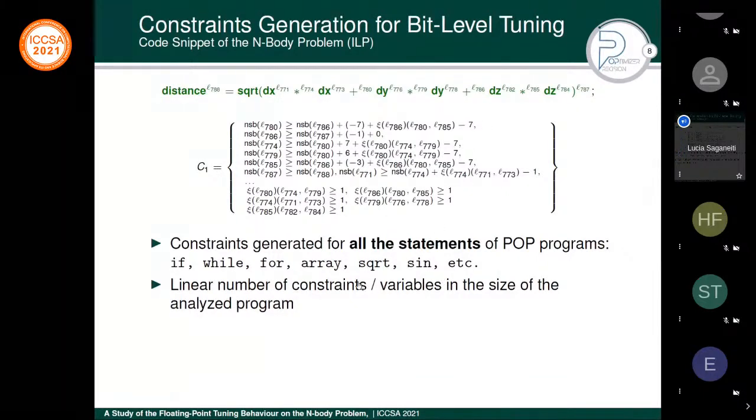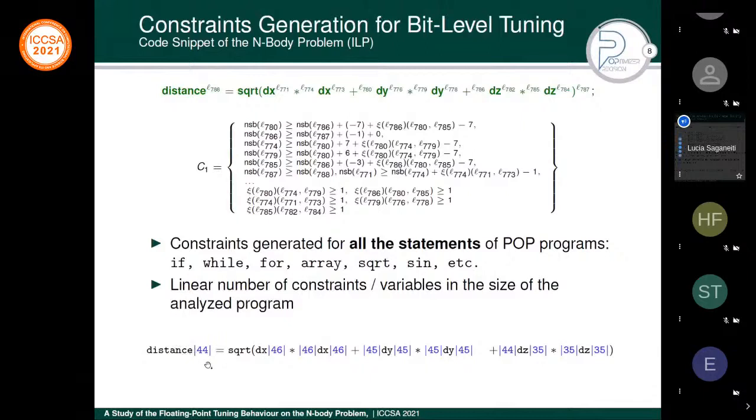So after analyzing this line with POP, we found, as you can see here, the new precisions given by our tool, which are given here in blue. For example, here for the variable distance, we have 44 bits needed for this variable by respecting the 11 bits given by the user.